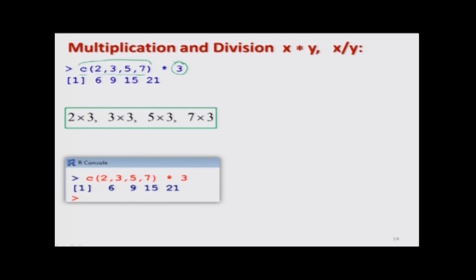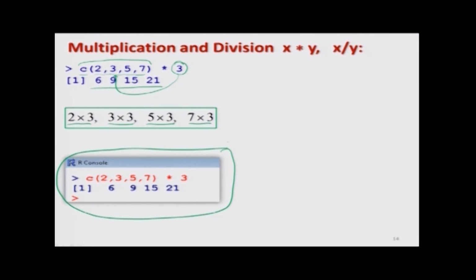You can see each of the elements 2, 3, 5 and 7 is being multiplied by 3. 2 is multiplied by 3, 3 by 3, 5 by 3 and 7 by 3, and this is the outcome we get: 6, 9, 15 and 21. This is the screenshot, so you can be confident that you will get the same outcome.